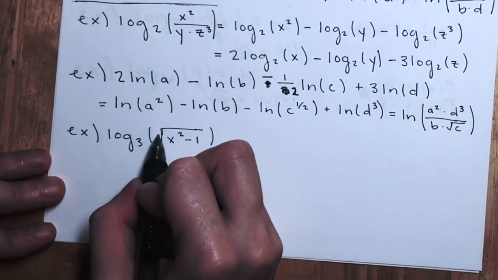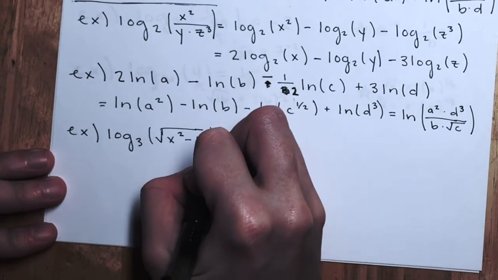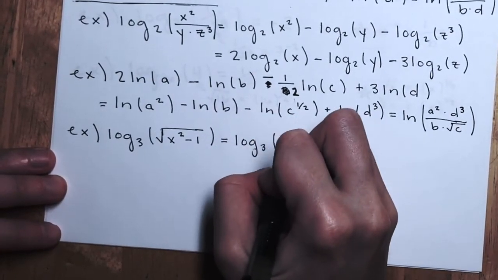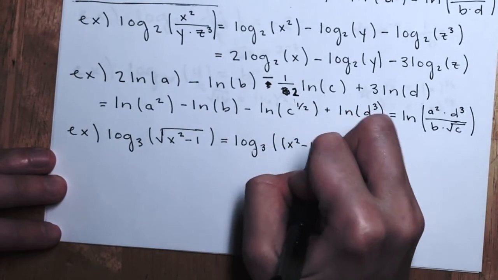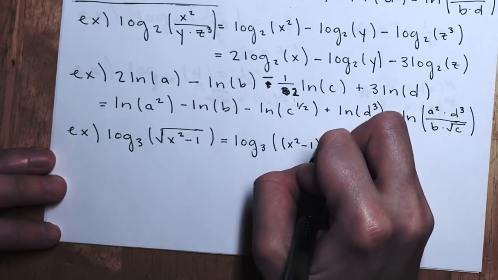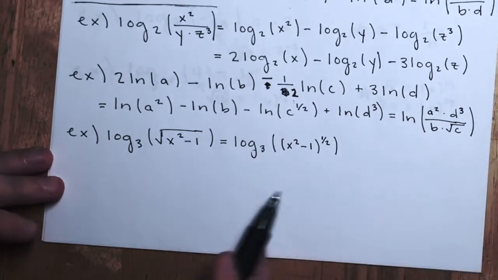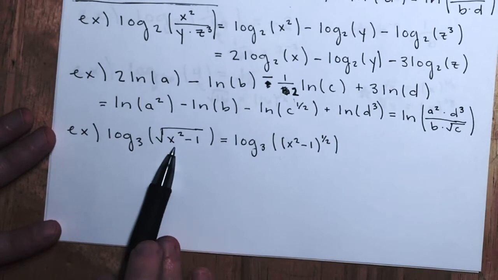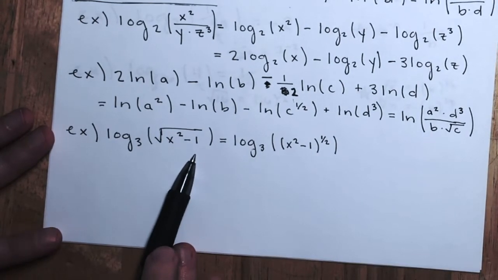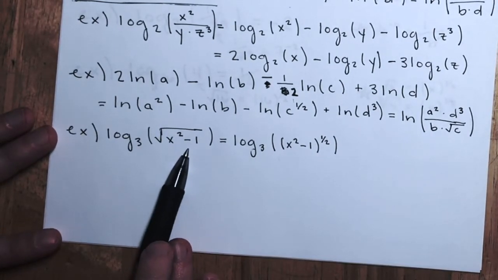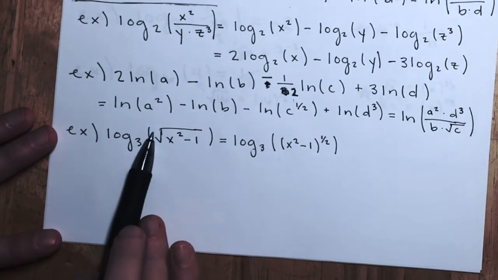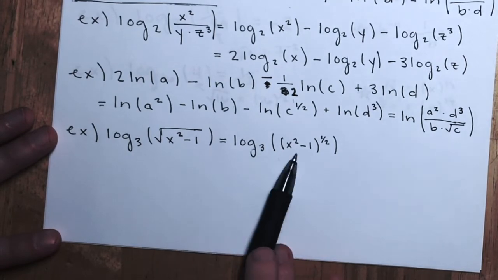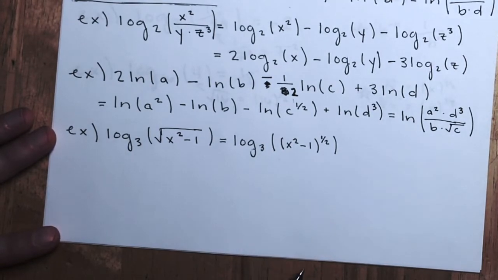Because it's all underneath this square root, we can rewrite it as log base 3 of x squared minus 1 to the 1/2. We can't simplify further than this, right? We can't just take the square root of x squared and the square root of 1. Because they're being subtracted, we have to do this subtraction before we can square root, so we can't simplify this.